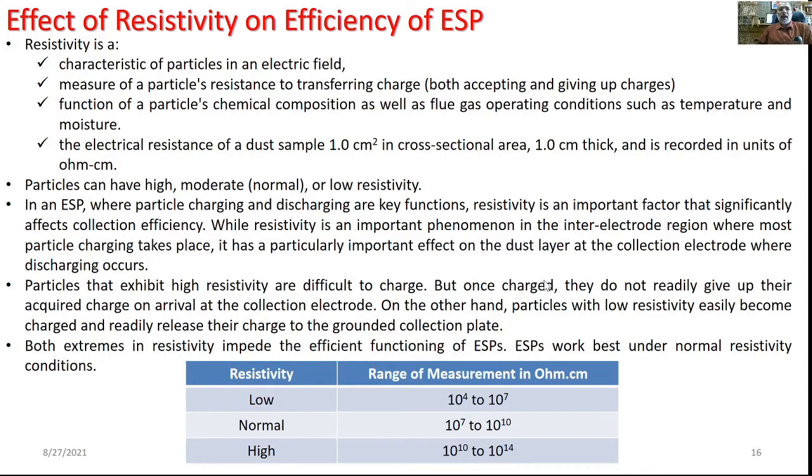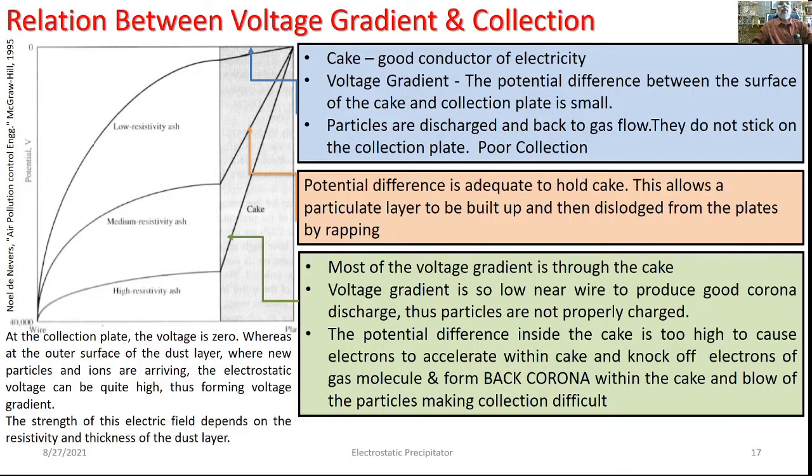The ESPs are expected to work under the normal resistivity range, which is 10⁻⁷ to 10⁻¹⁰ ohm centimeter, whereas 10⁻⁴ to 10⁻⁷ ohm centimeter is the low resistivity range and 10⁻¹⁰ to 10⁻⁴ is the high resistivity range. Now let's try to understand the relation between the voltage gradient and this particular collection.